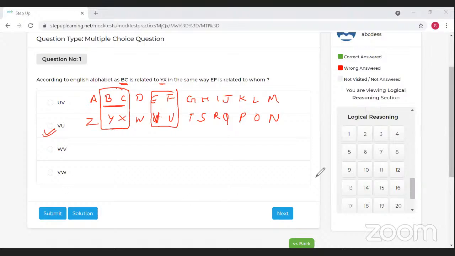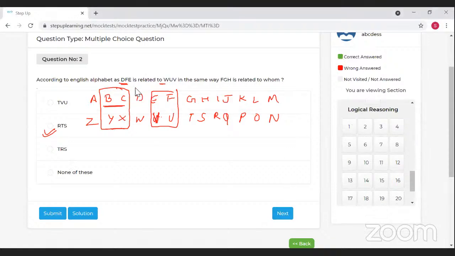All right. Whenever you are writing the alphabet in this way, it has many plus points. Okay. We'll move to the next one. So DFE is like WVU, same stuff.